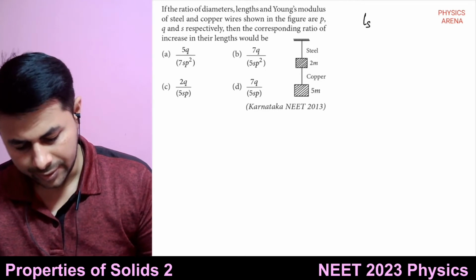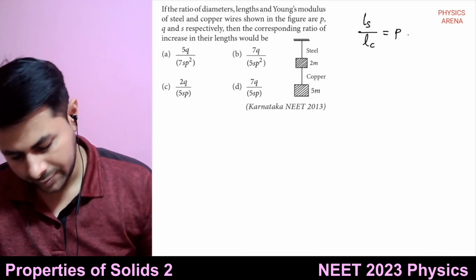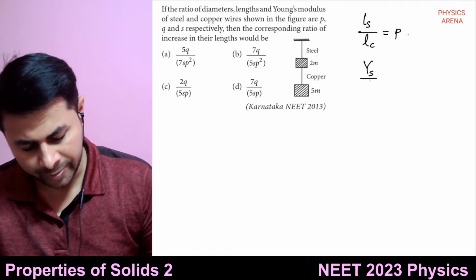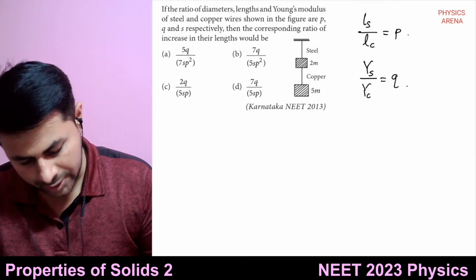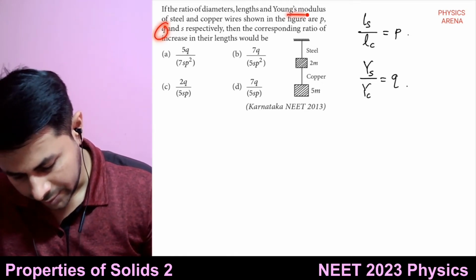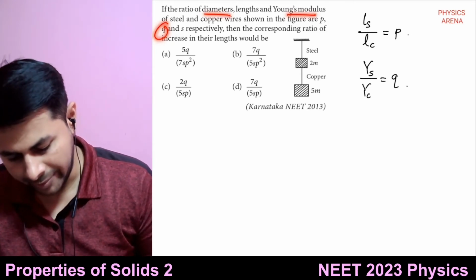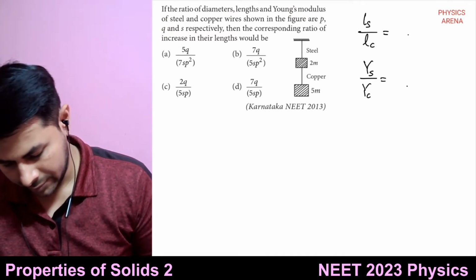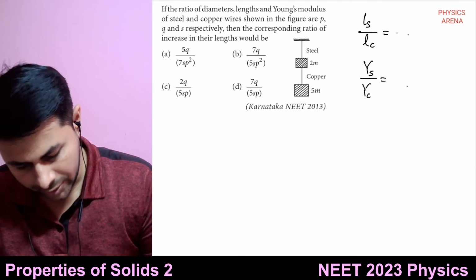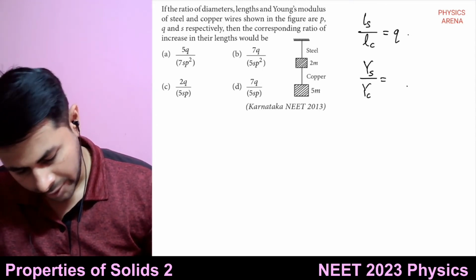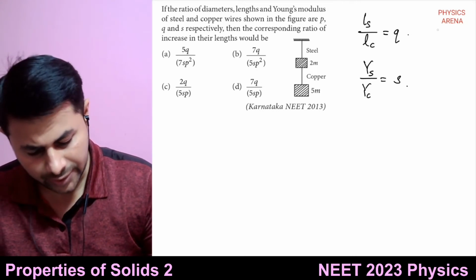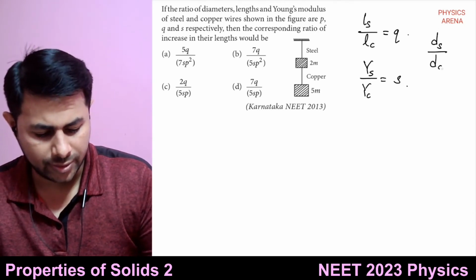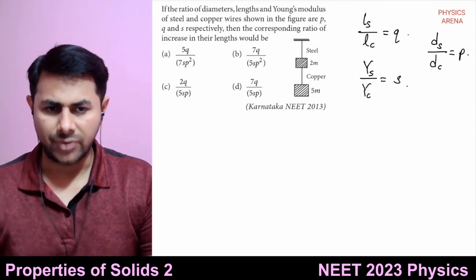Length of steel upon length of copper is Q, and Young's modulus of steel divided by Young's modulus of copper is S. Ratio of diameters of the steel and the copper is P. This is given.